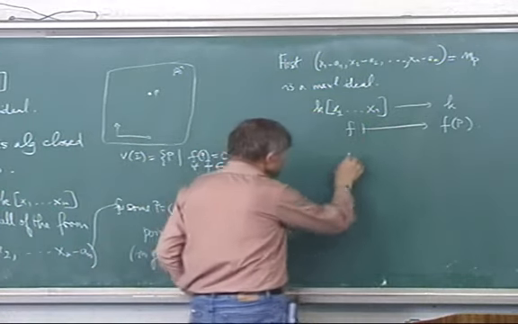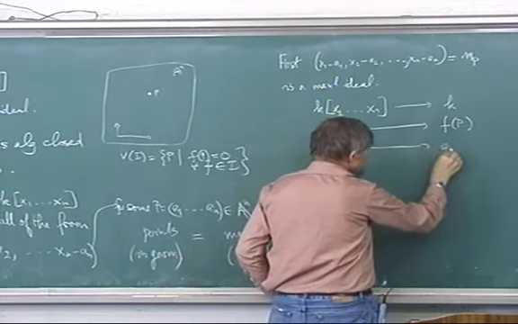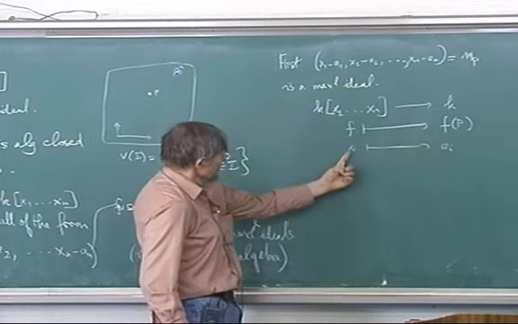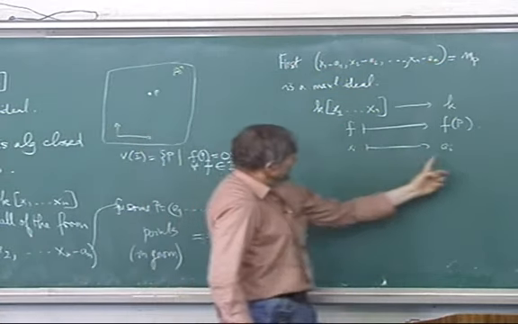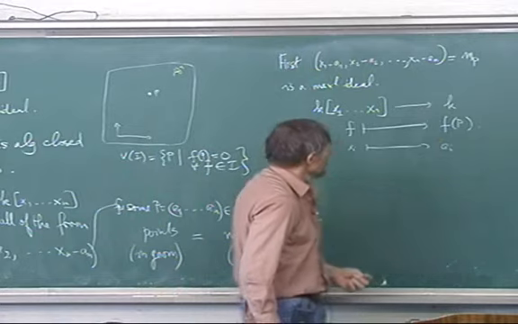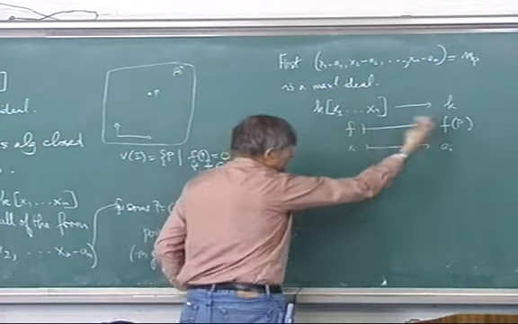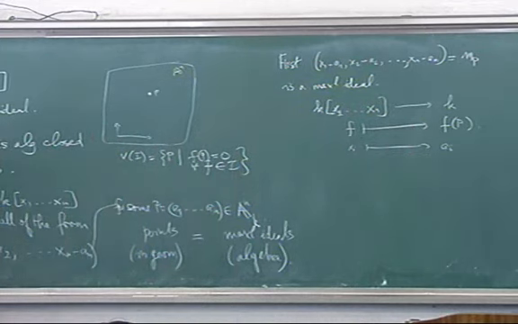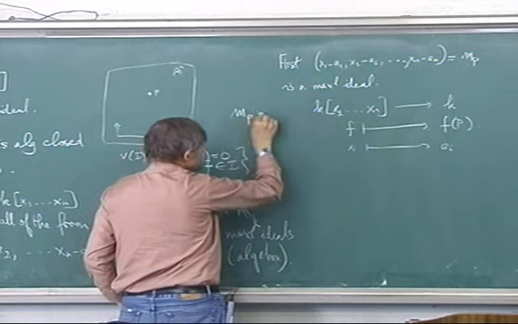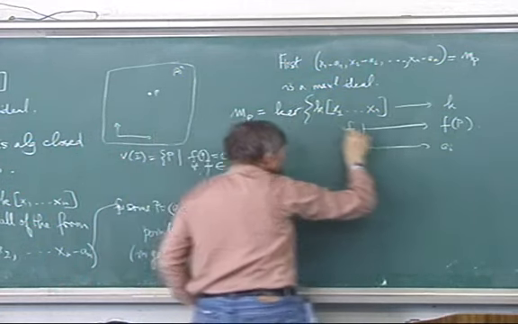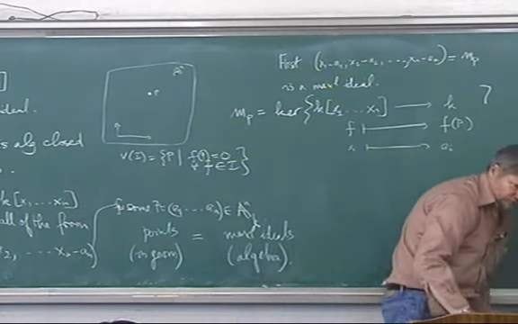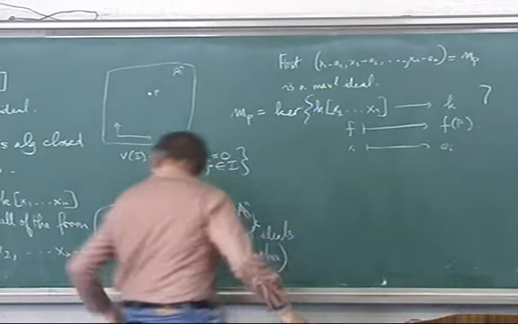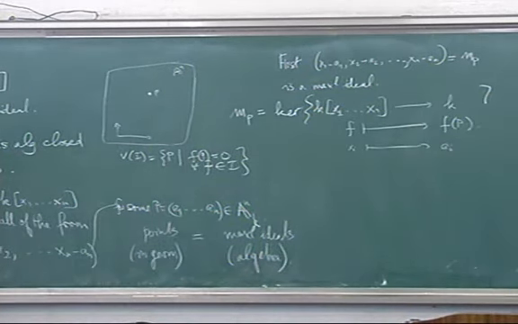Each of the xi's maps to ai. And MP is the kernel.